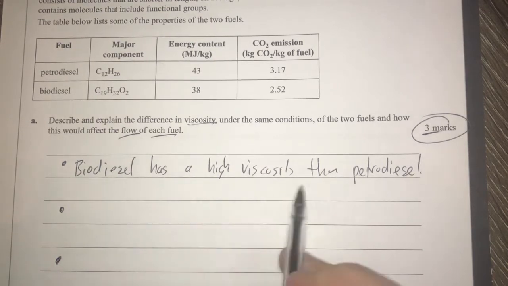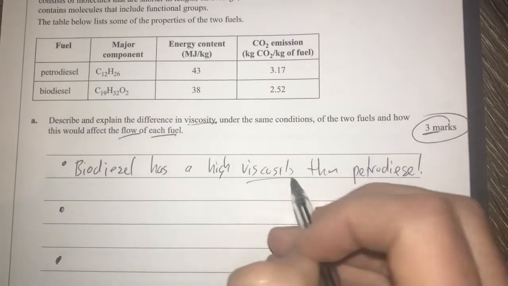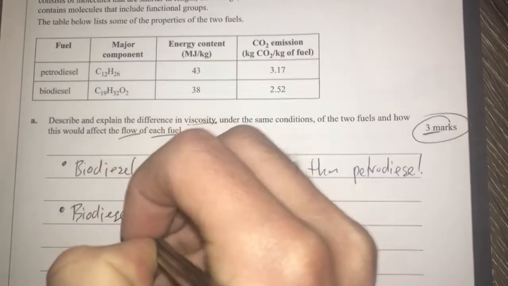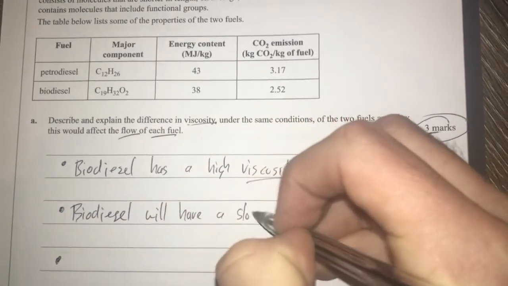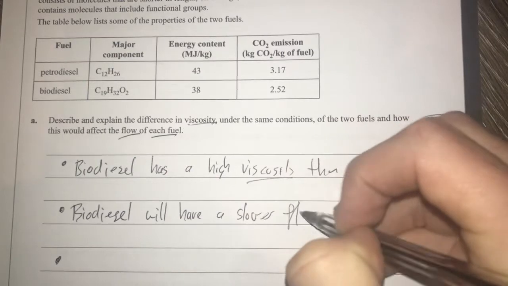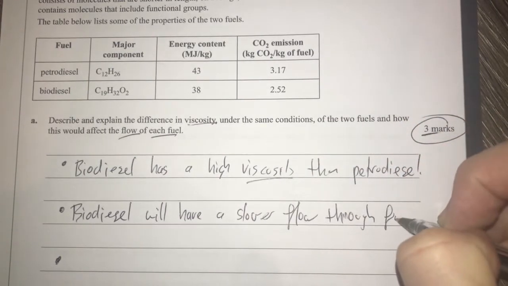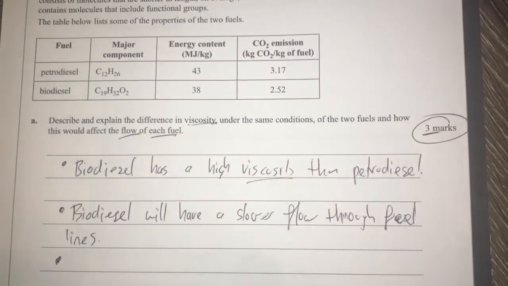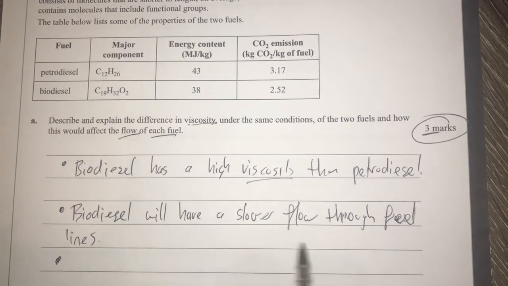Viscosity is all about thickness, so therefore biodiesel will have a slower flow through fuel lines. That's explaining and hitting this point about the fuel.